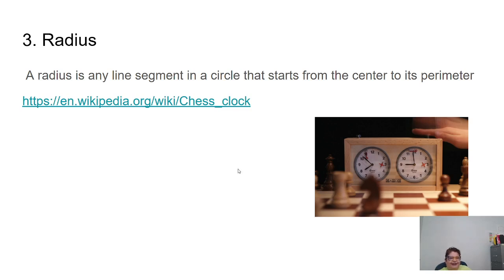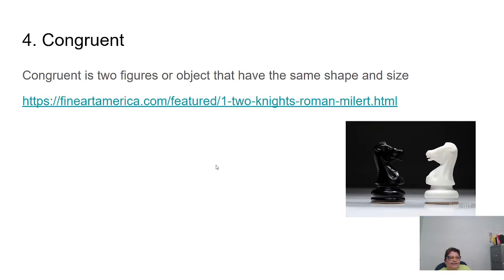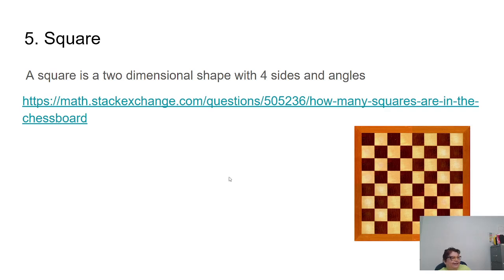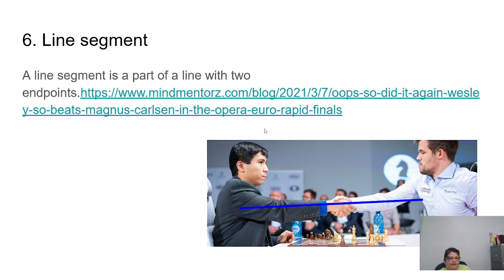Radius. Where do you think the radius was? The clock, yeah. See the hands of the clock? That's a radius. Congruent. They were two congruent pieces, right? Square. And of course, he had his definition. Line segment.